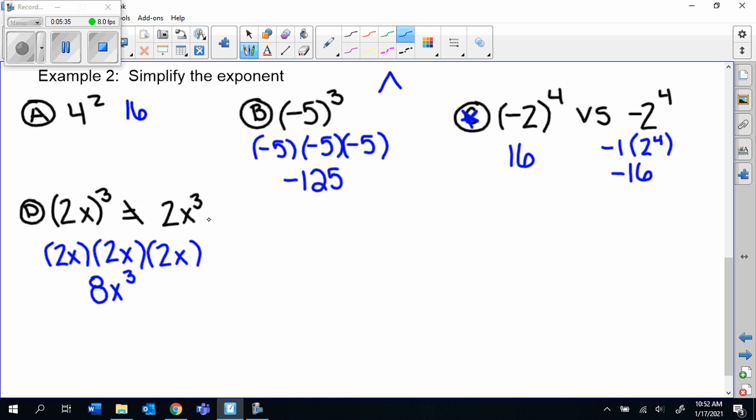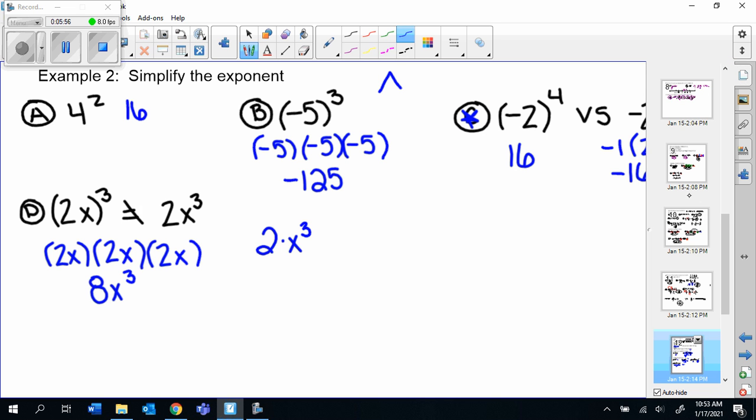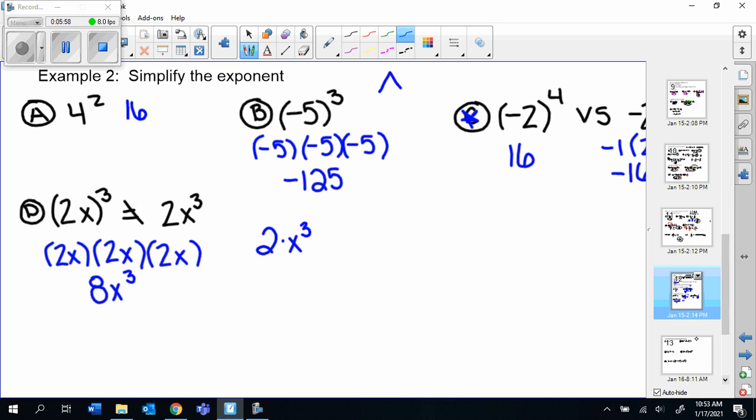But over here on this side, only the x is attached to the exponent. And so that is just exactly what it says, 2 times x to the third. So you would do x to the third first and then multiply it by 2. So some notation here with C and D, just so you're aware of some tricks.